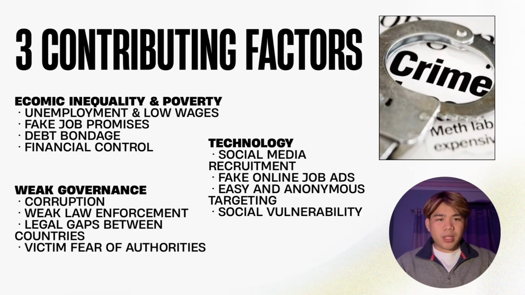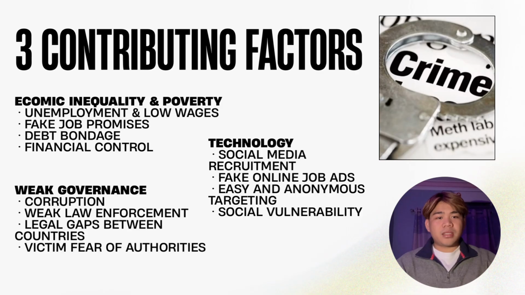The second factor is weak governance, corruption, and legal gaps. In some countries, weak law enforcement and corruption allow traffickers to operate with low risk. Even in developed countries, victims may fear reporting because they are afraid of deportation, arrest, or violence.